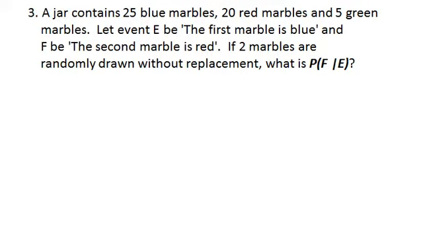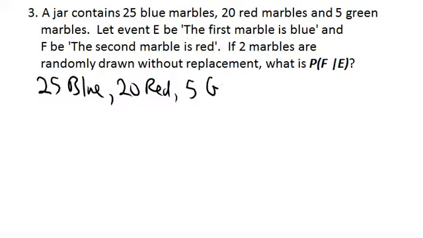Now keep in mind, in our sample space, we began with 25 blue, 20 red, and 5 green. If you add those all up, you'll discover that that's a total of 50.